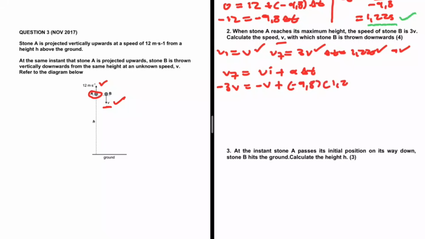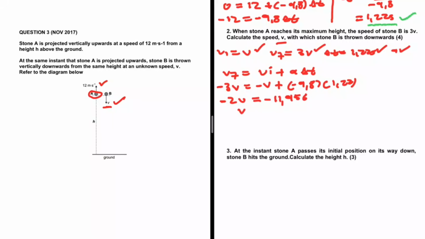The time is 1.22. So we're going to take minus v to the left hand side, it is going to be plus v. So we're going to have minus 2v being equal to, what is minus 9.8 multiplied by 1.22? That is minus 11.956.